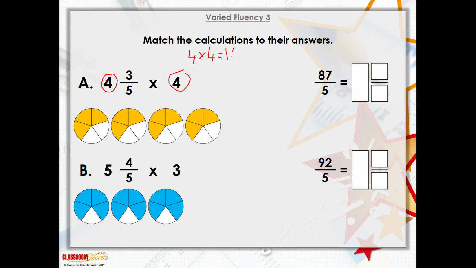Then we need to multiply our non-unit fraction by a whole number. Remembering to keep our denominator, we're not multiplying our denominator, we're going to keep that the same, which is fifths. And then we're going to multiply our numerator by a whole number. 3 times by 4 is 12.